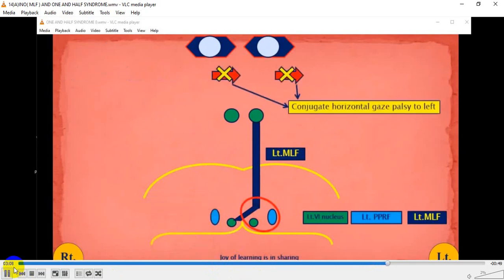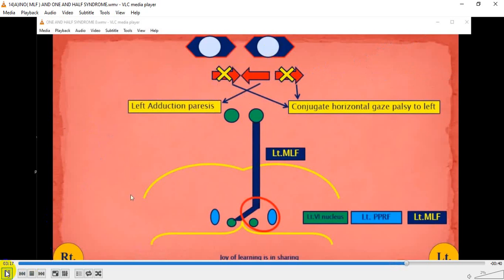When you ask the person to look to the left, conjugate horizontal gaze palsy will be there, meaning the left eye will not be able to abduct and the right eye will not be able to adduct. Plus you will have involvement of the left medial longitudinal fascicle. That means when you ask the person to look to the right side, the left eye cannot adduct.